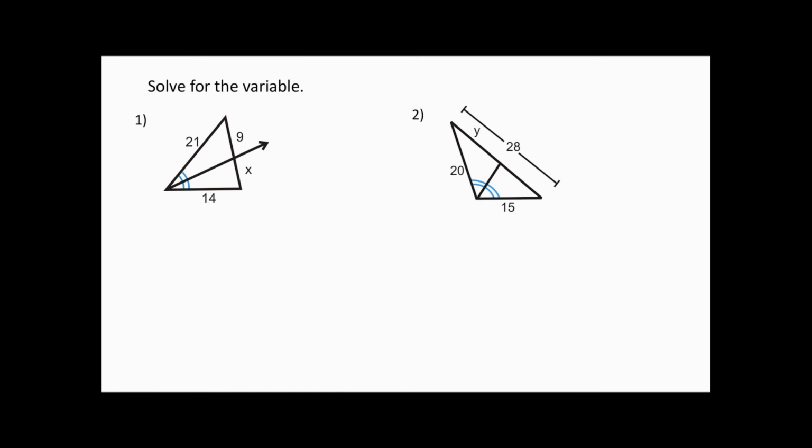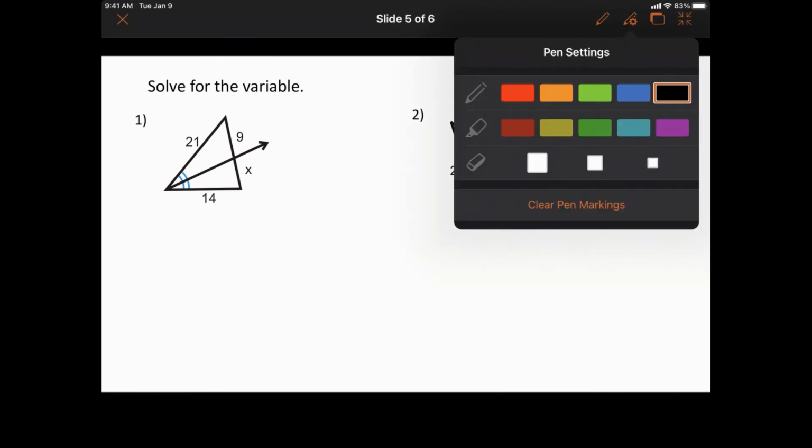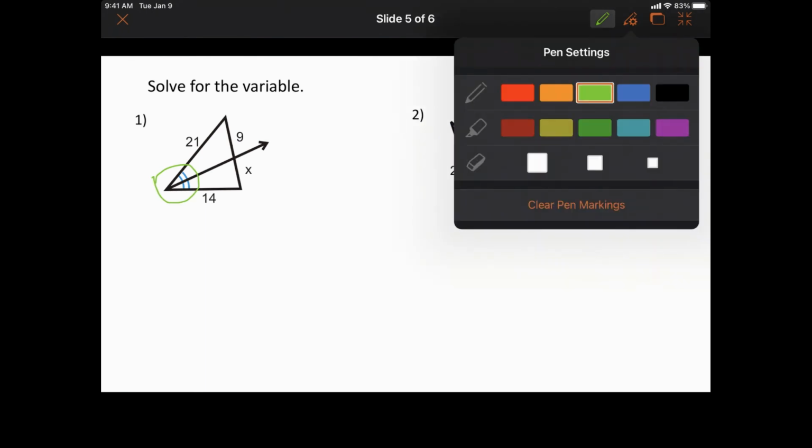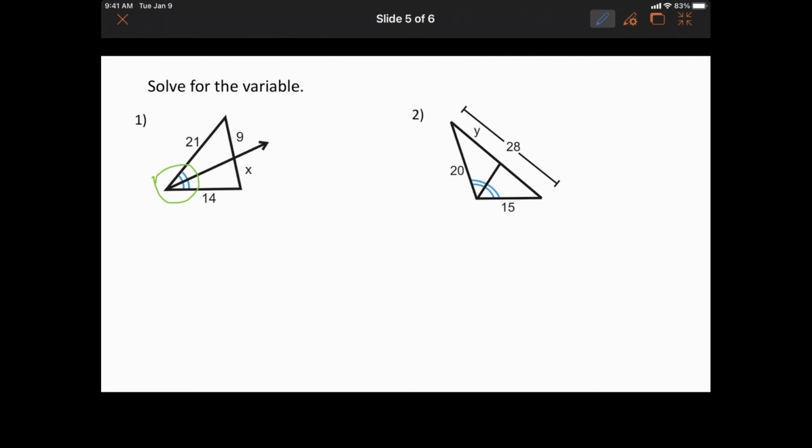All right, so we're looking at these. You can see I'm given a triangle. I can see there is an angle bisector here. So I'm going from here to here to there. So 14 to x equals 21 to 9.